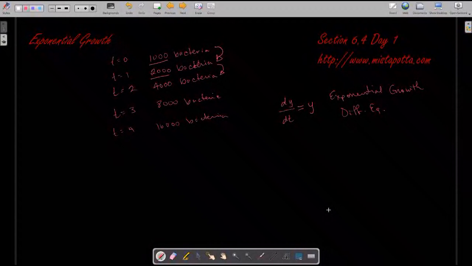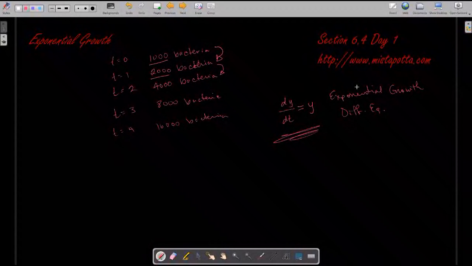So what we want to do is talk about how we go about solving this. Because right now this is a differential equation, but ideally I would want to have an explicit function for my growth. And this exponential growth should be a hint as to what we're going to be ending up with.